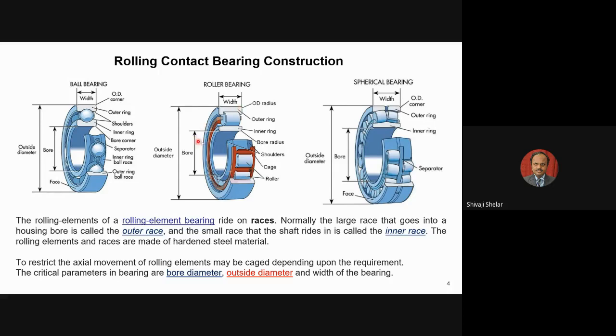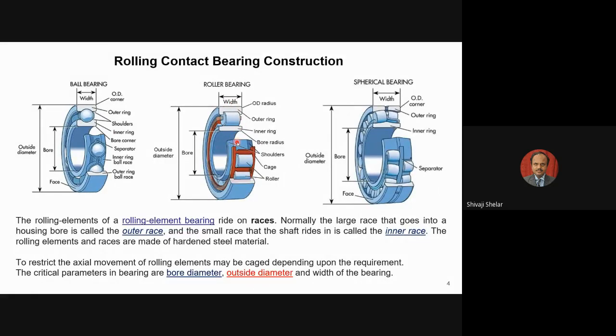This hole, which we call the bore of the bearing, corresponds to the standard shaft size. So this bore is a critical diameter. Then the outside diameter, which will be fitting into the housing, is also a critical diameter, and then the width, that is how much width is required to mount to the support.